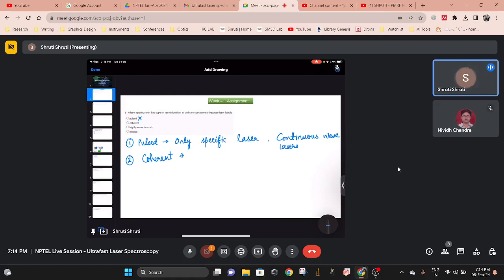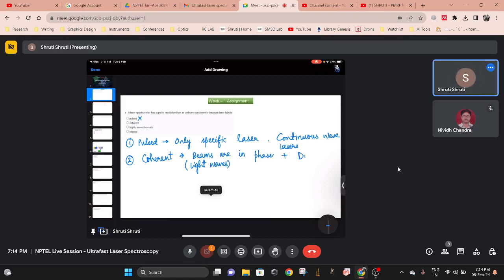Coherent, as I told last week, means that the beam in the laser moves in a particular direction and the light waves, the electromagnetic waves, are in phase.